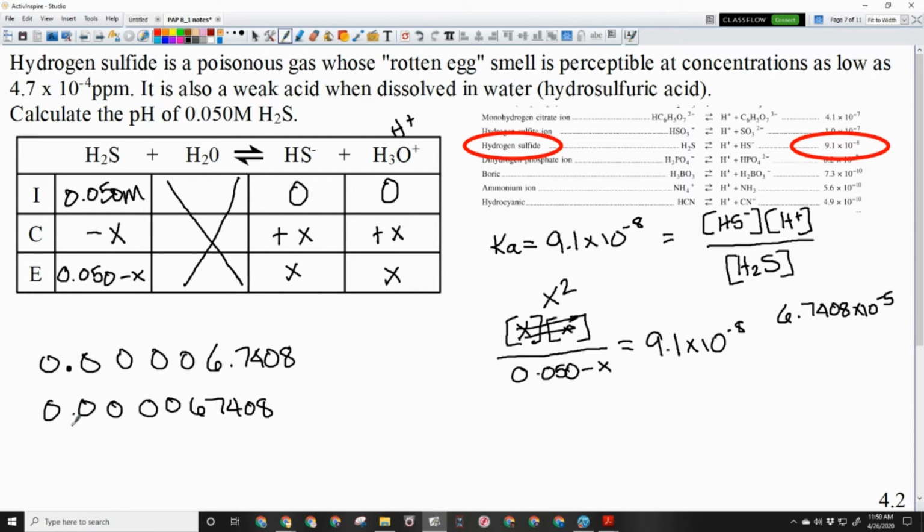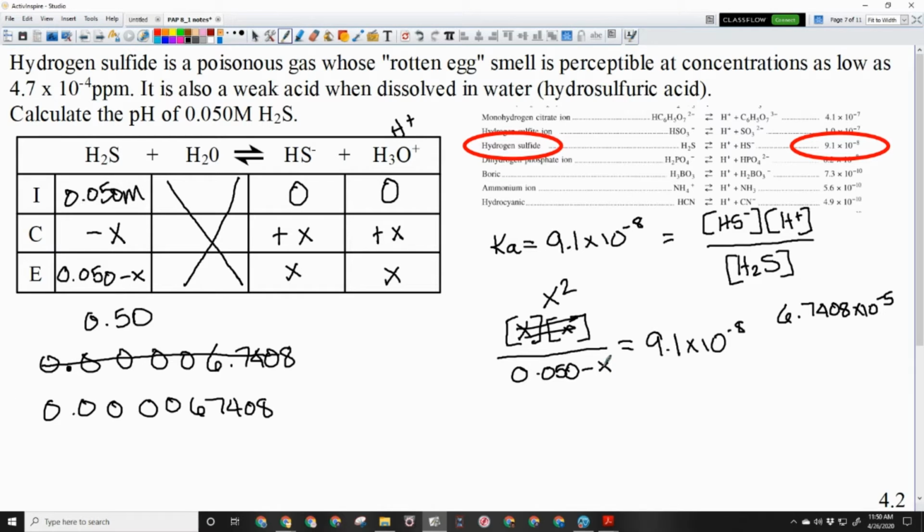This number is so small that when we take 0.050 and subtract this from it, it's not going to change our significant digits at all.